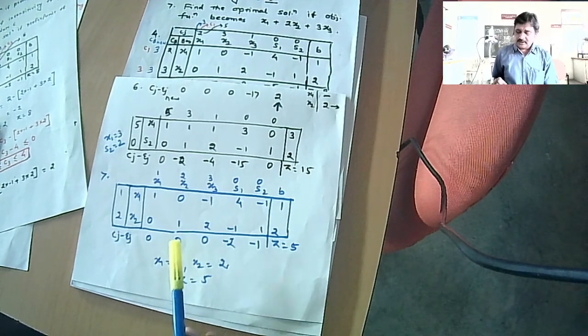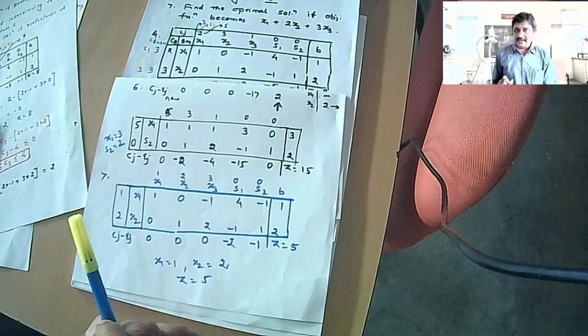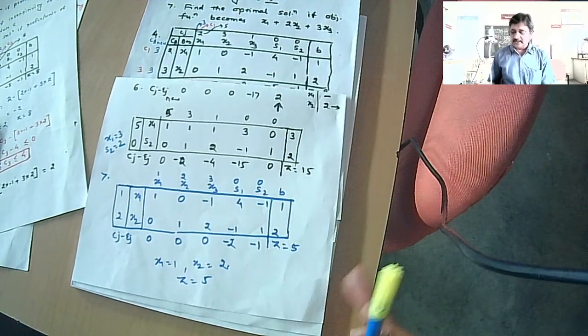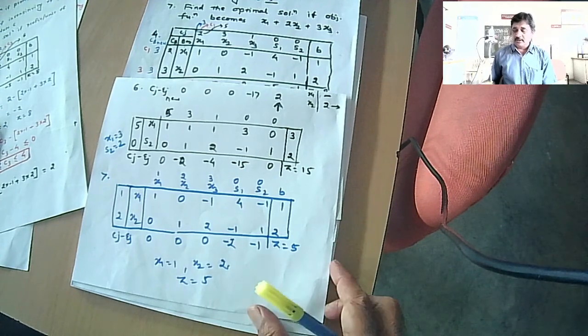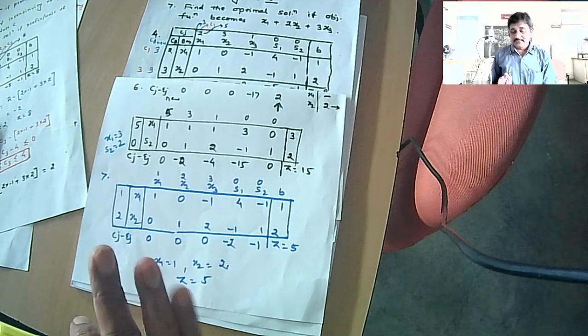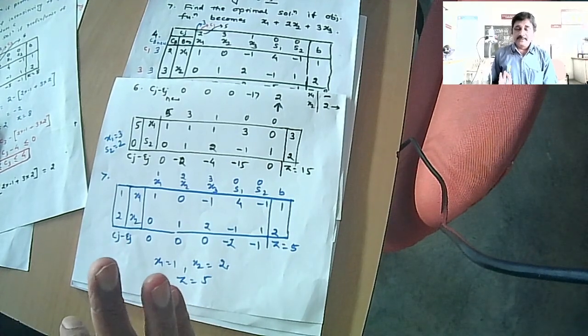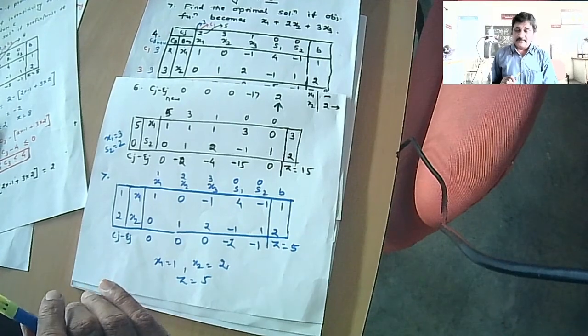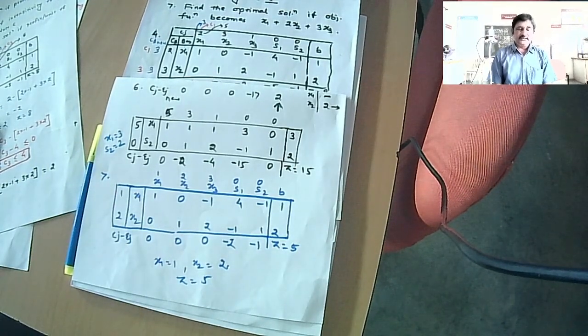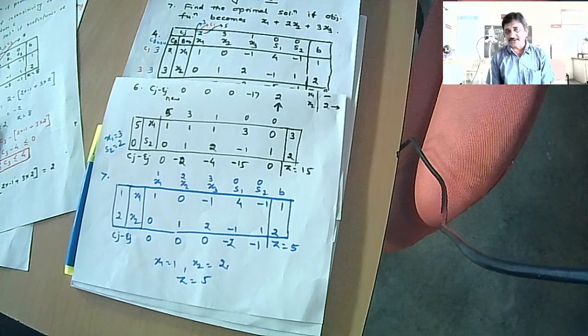You would have taken that as the entering variable, found the replacement ratio, and proceeded to the next iteration. So that is how we get the optimal solution if there is any change in the coefficients of variables in the objective function.